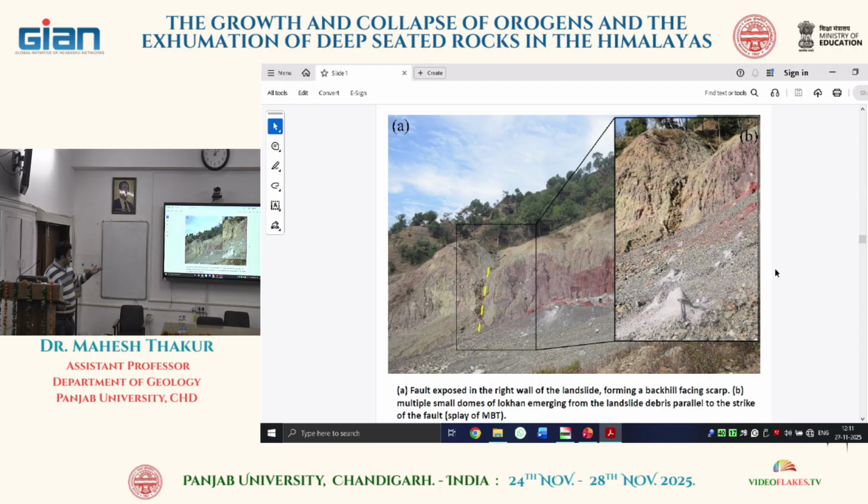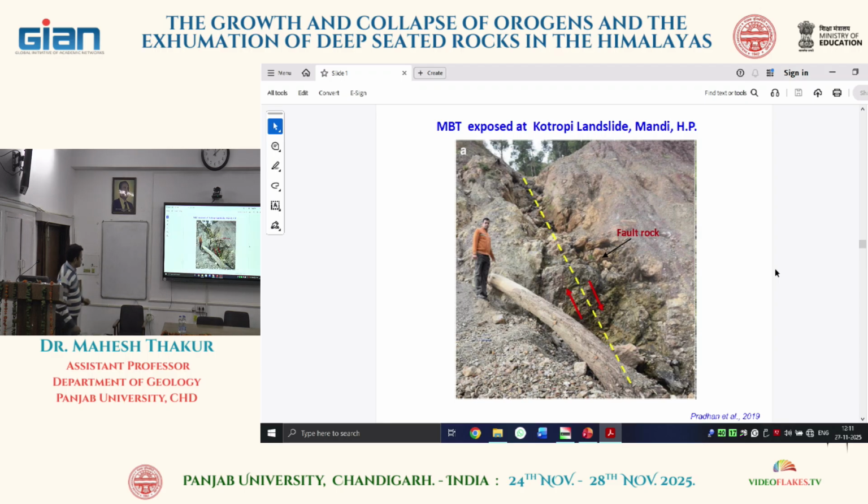So we submitted the paper, and also along this landslide I was able to find this limestone rock, which is a crushed rock, basically MBT. I was able to see that this is the fault plane, and we were able to recognize that on the right side of the landslide we can see it, because MBT is an older fault.